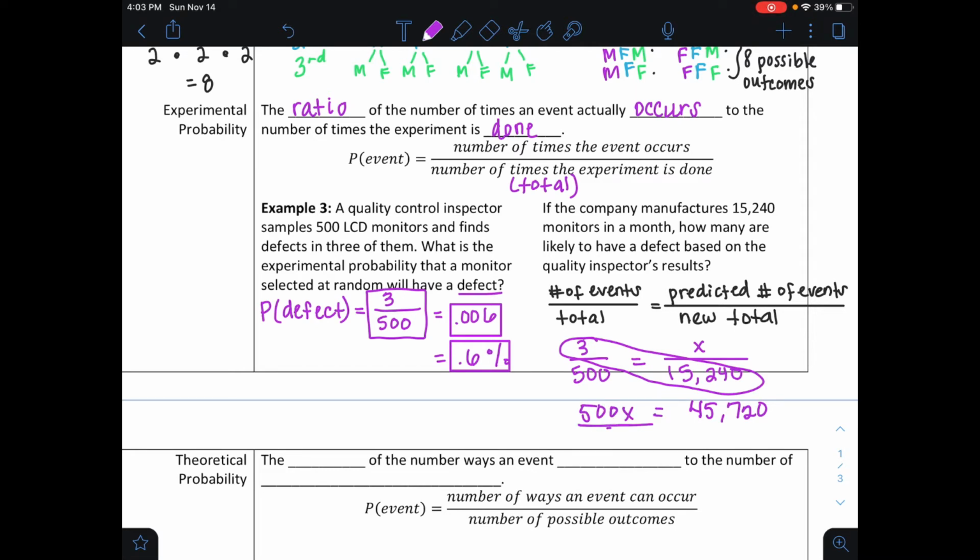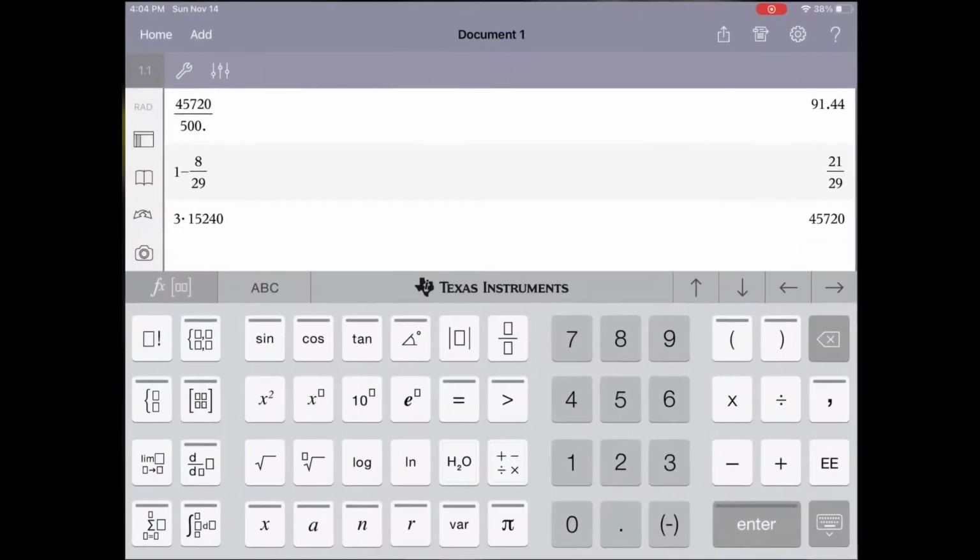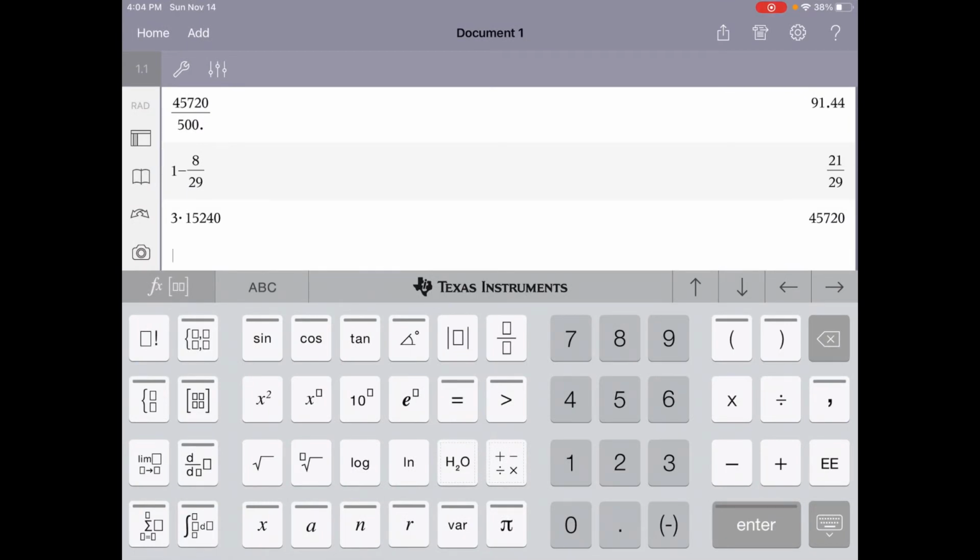You don't have to show all this. You divide both sides by 500. The shortcut is just to multiply and then divide. And so we get x equals, I think it's like 91 point something. Yeah, 91.44. I did it up there. So 45,720 divided by 500 is, oh, shucky ducky.